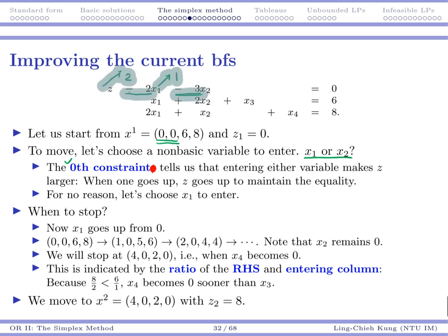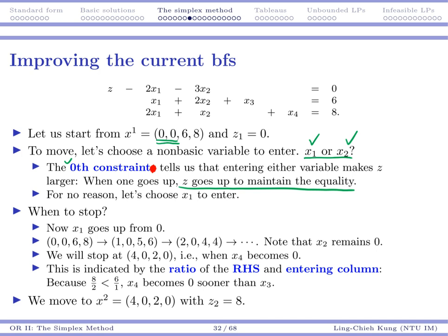That's good, because increasing x1 or x2 would both increase our value for z. And this is a maximization problem, so we want z to be as large as possible. Choosing x1 or x2, both would increase our objective value z.